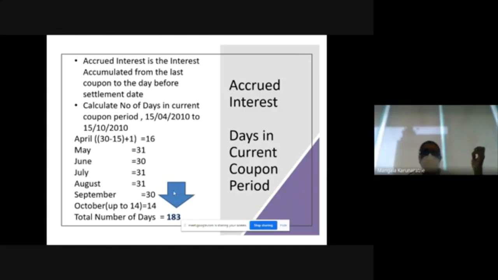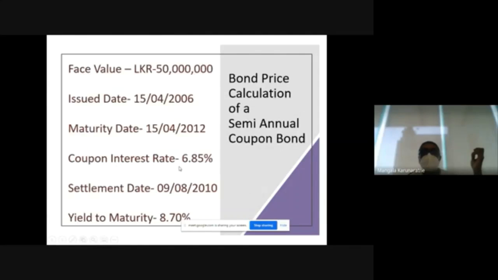This bond was issued on 15/4/2006 and the maturity date is 15/4/2012, and 9/10/2010 is the settlement date.